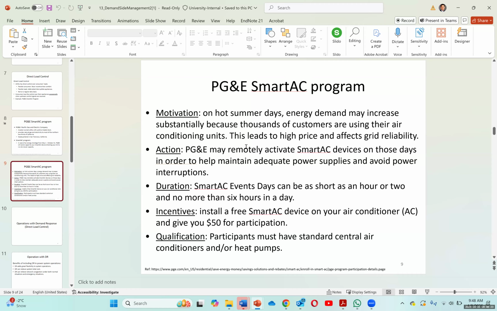It's usually a smart thermostat on your air conditioner, and they give you $50 for participation. The qualification is that participants must have a standard central AC conditioner and or heat pumps. The air conditioner doesn't need to be a new high-tech smart one.